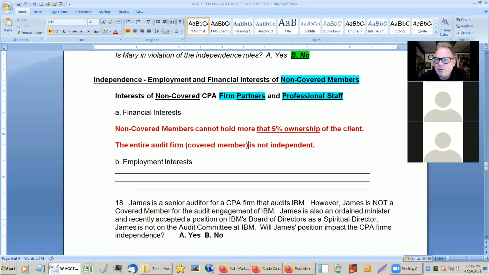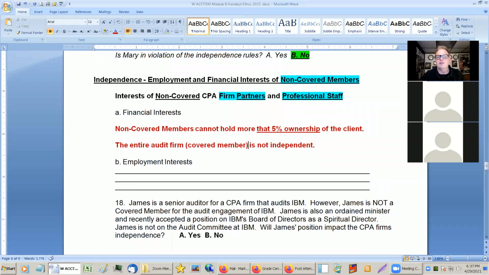Maybe it's a chain of grocery stores and they're an 8% owner. Even though they're not working in the grocery store business, they might be an 8% owner. It can happen. Usually not when they're public, but certainly when they're private companies, it could happen.